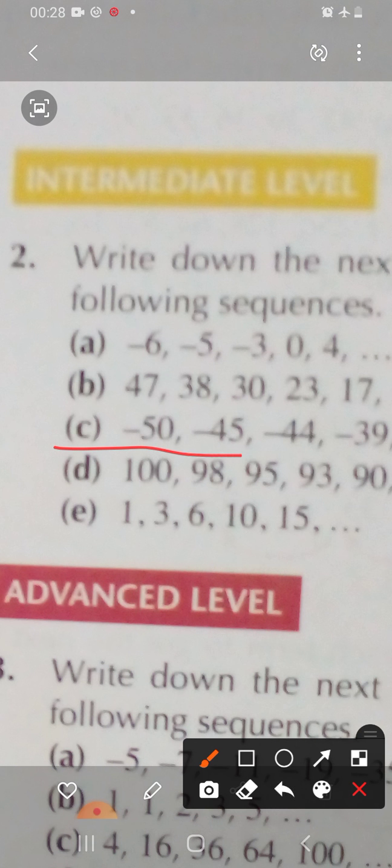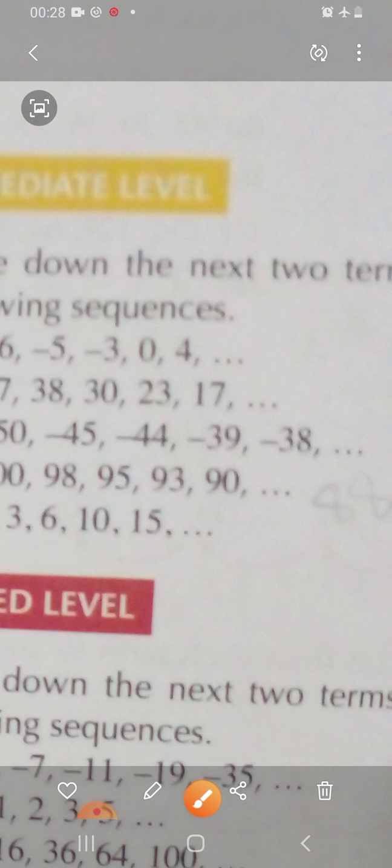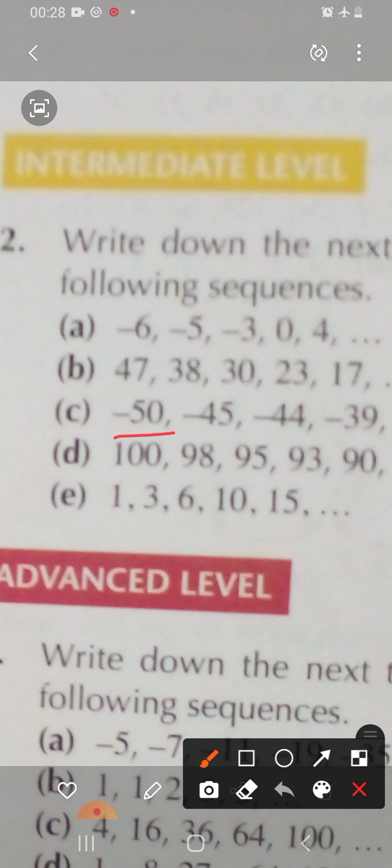-50, then -45, then -44, then -39, then -30. So what's happening here? -45 is greater than -50, so there is an increase of plus 5. Then -44 is greater than -45, so it is plus 1.